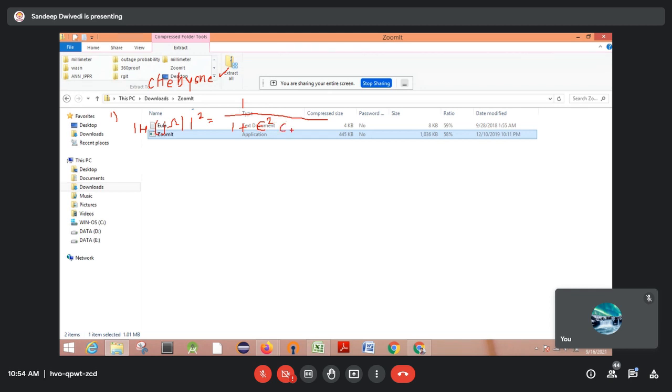Then Cn square, Cn is a Chebyshev polynomial, then omega, this is an analog frequency, divided by omega p, this is the passband edge frequency. Both are analog frequencies. Okay, so like this you need to find out the frequency response. Here this Cn portion is nothing but the Chebyshev polynomial in order of n.